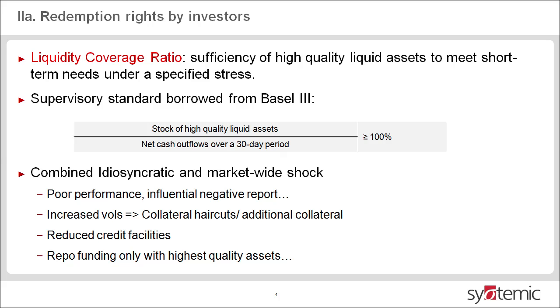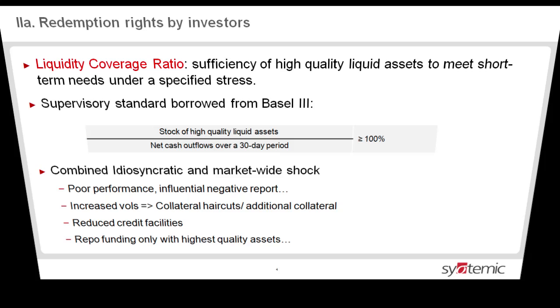The second risk concerns, of course, the potential redemptions requested by your investors. One way we address this risk is by borrowing a concept from Basel III, the liquidity coverage ratio, the LCR. It was originally developed for banks, but it can be used for funds as well.